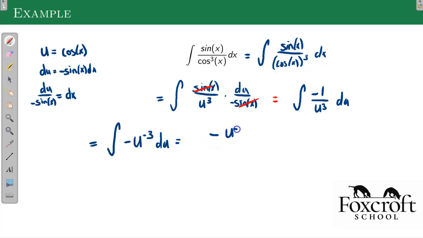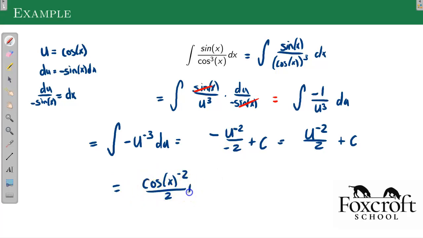Negative, you add 1 to the exponent, so negative 3 plus 1 is negative 2, divided by the new exponent. The negatives cancel. And then I remember that u is actually cosine of x. Chances are you would see it written like this, because that negative 2 exponent moves back to the bottom.